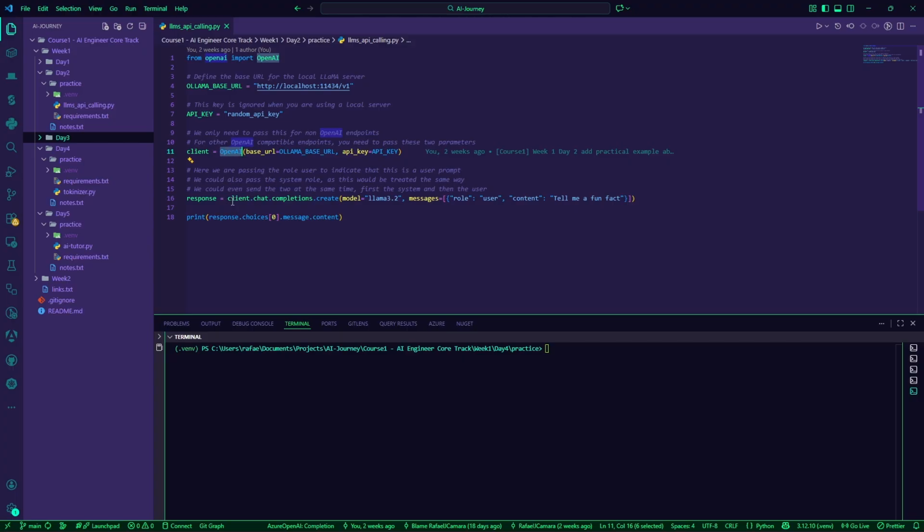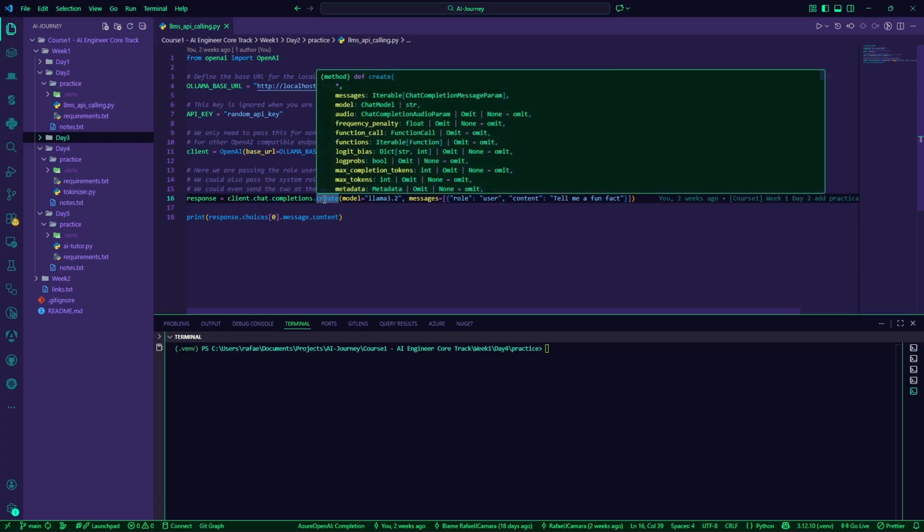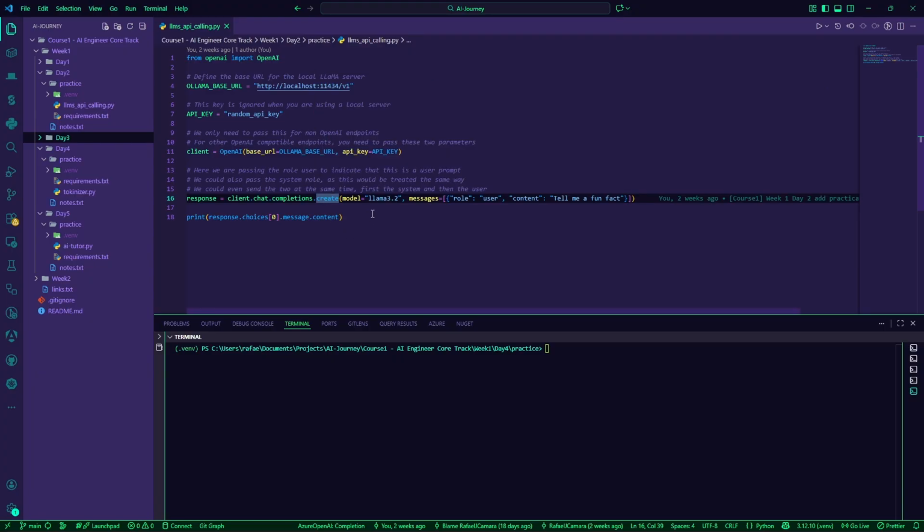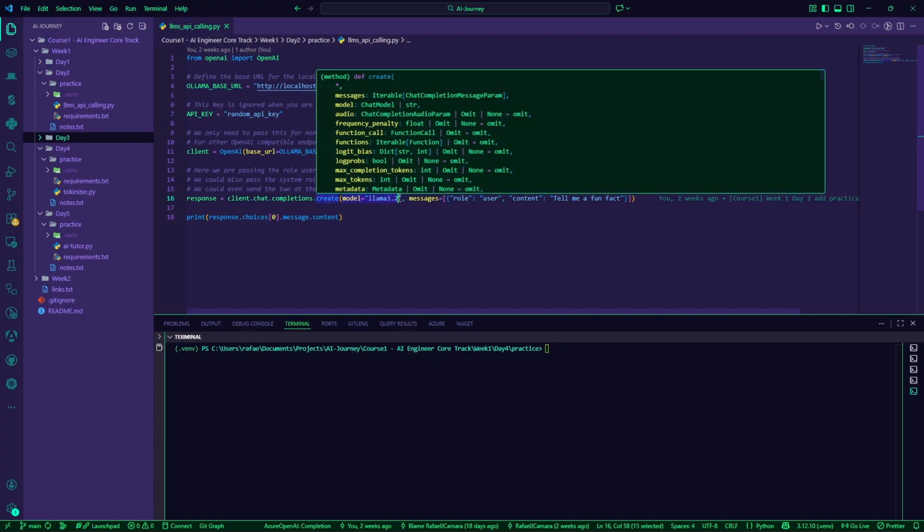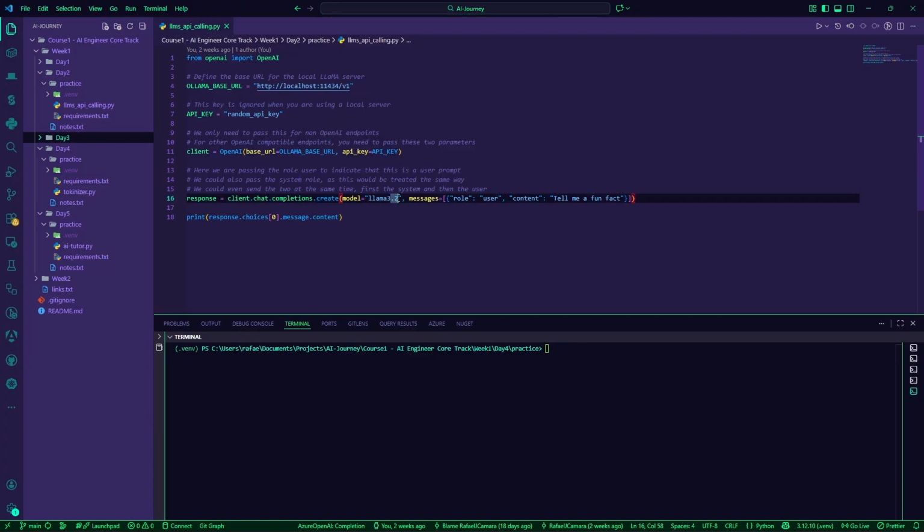And so you have client.chat.completions.create. You will get used to it super soon once you start to work a lot with it. And then you pass a specific model. Of course, I passed Llama 3.2. It has to be a model that I have available locally. And now we pass here a messages array.